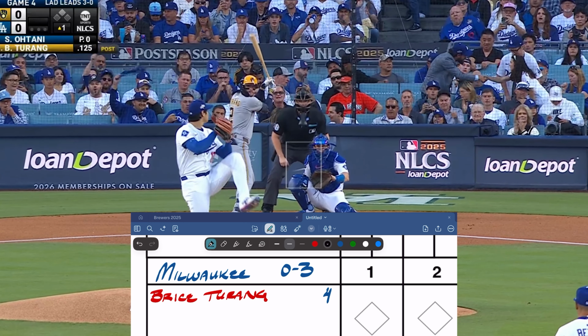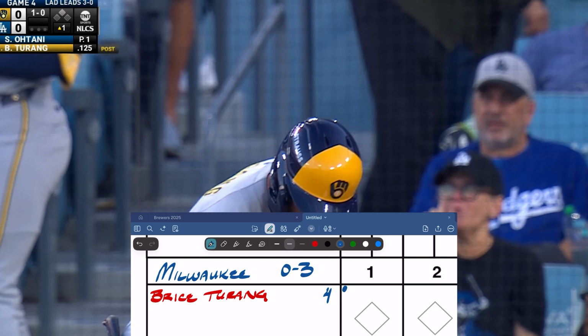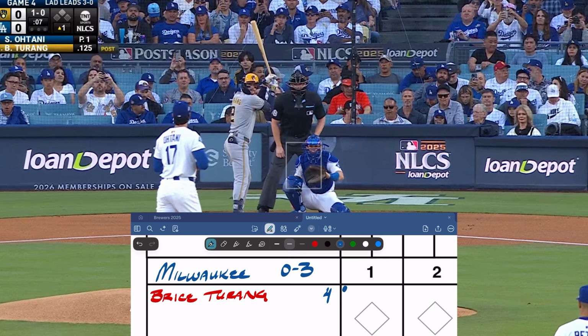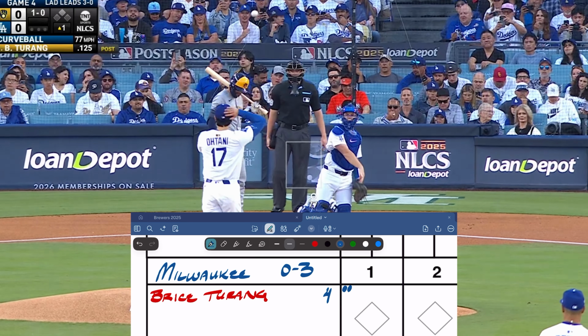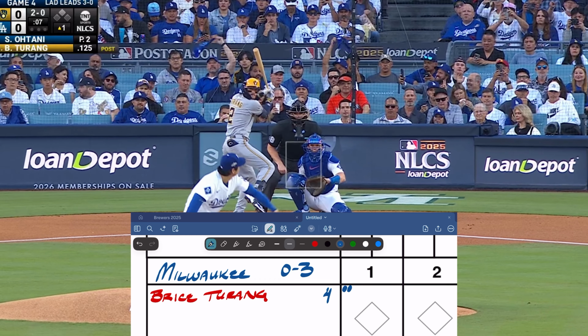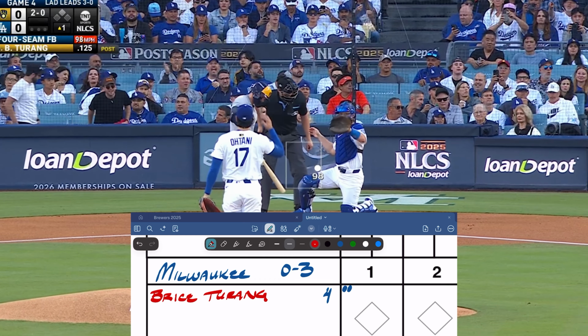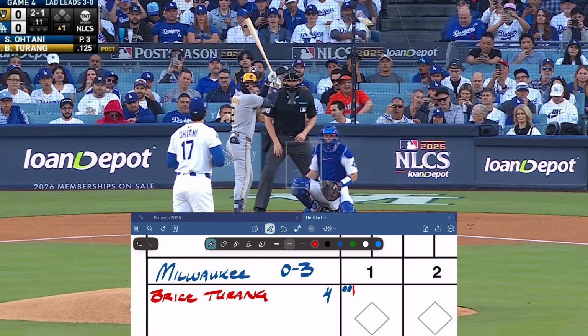Adam Beck is the home plate umpire. He says play ball on the first pitch from Ohtani. Championship series. Here's Ohtani trying. 2-0 to Tellez.